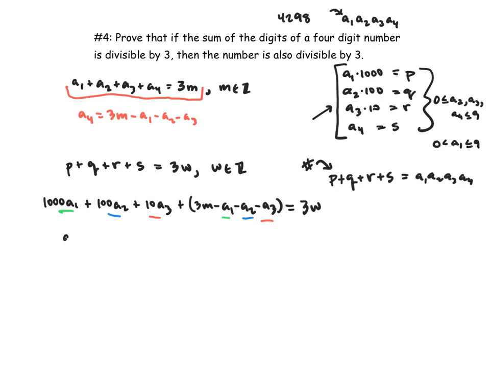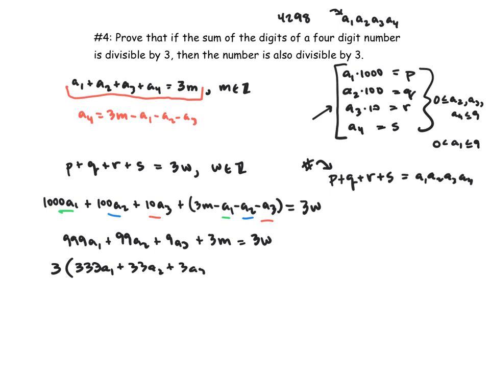So combining like terms, I get 999 A1 plus 99 A2 plus 9 A3 plus 3m is equal to 3w. I want to show that this expression is 3 times some integer. So I'm going to factor out a 3. That gives me 333 A1 plus 33 A2 plus 3A3 plus m.